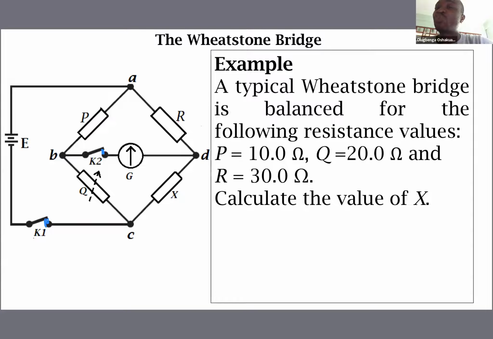It means the electric potential at B is equal to the electric potential at D, which implies there will be no current flow.